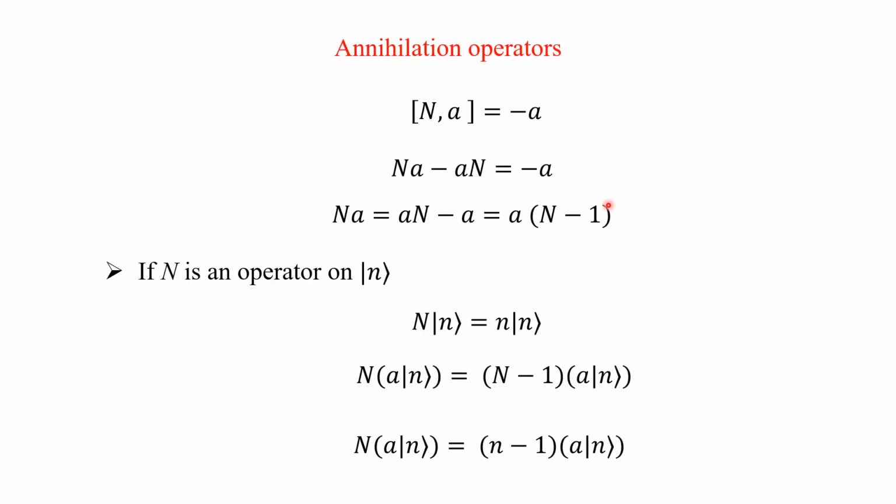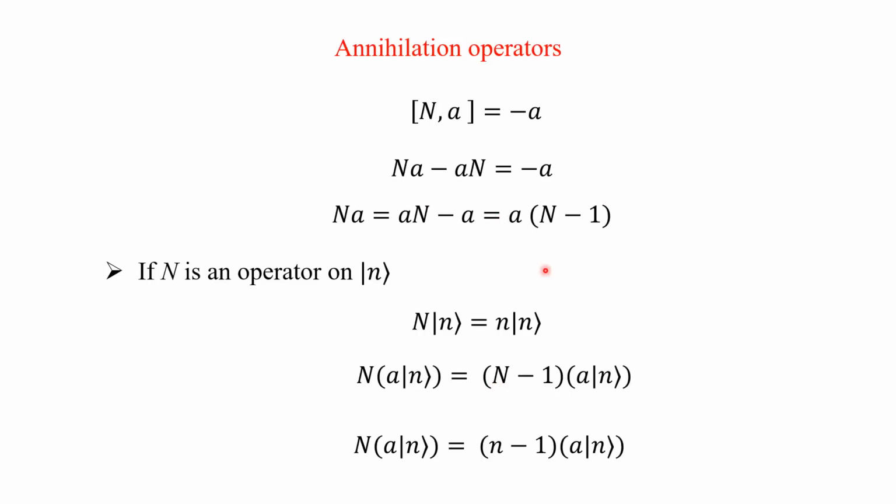Same logic, if you apply the same logic which was applied to the creation operator, if n is an operator on ket n, then N acting on ket n, you will get an eigenvalue n ket n. If the annihilation operator operates on ket n, that is N a ket n, you know Na is equal to a times N minus 1. As I said in the previous case, N minus 1 is a number operator, so you can bring it to the right side or left side, nothing will change.